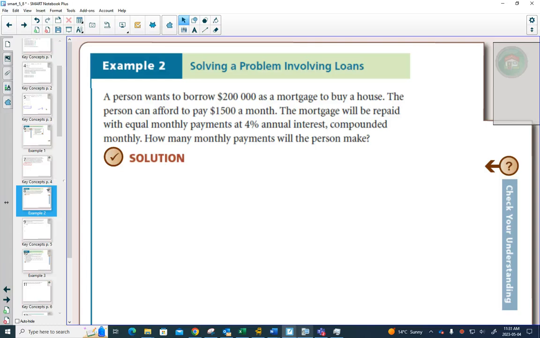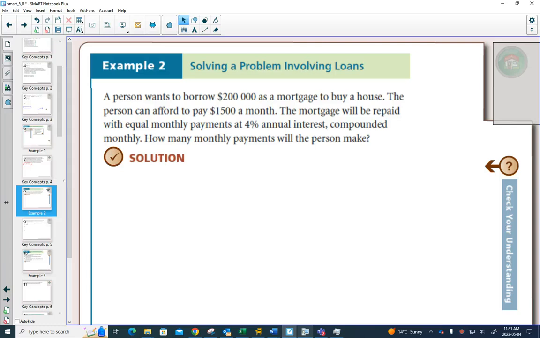The mortgage is 4% annual interest, compounded monthly, and the question is, how many monthly payments will you make for this house? And how much will it cost you?